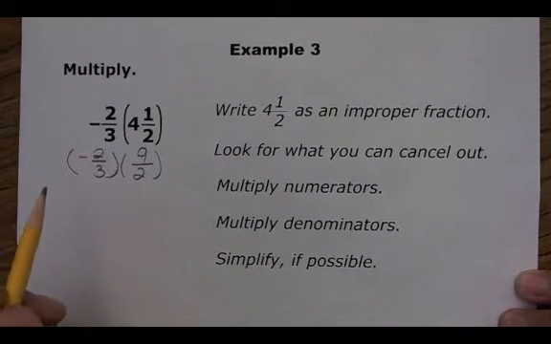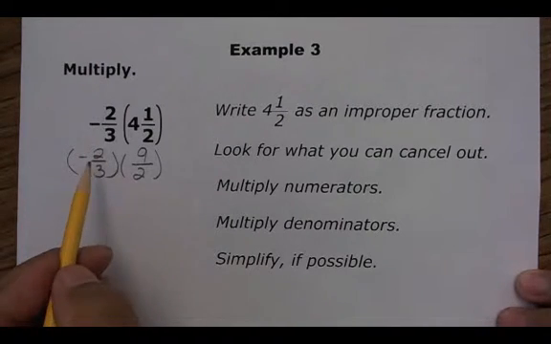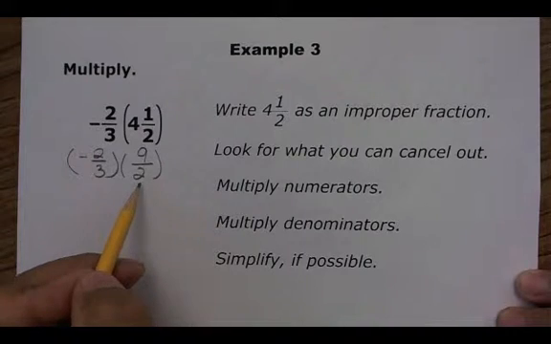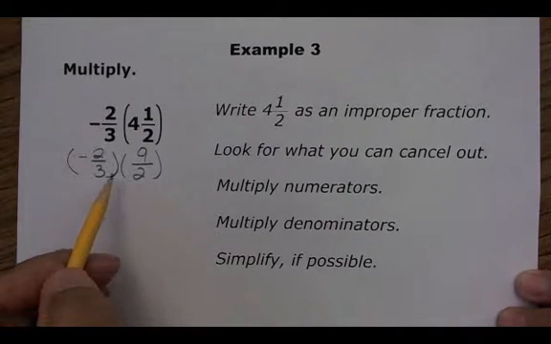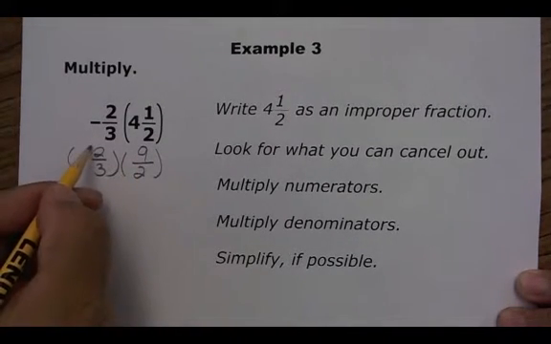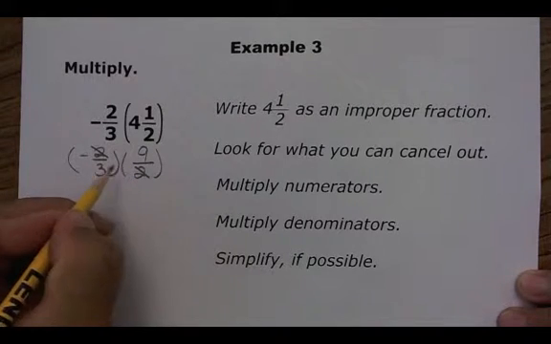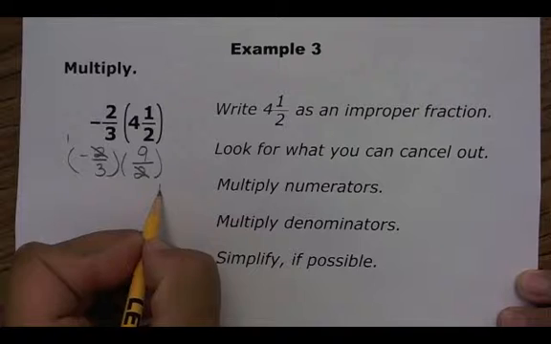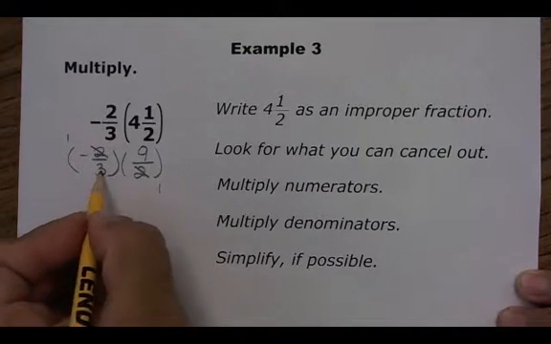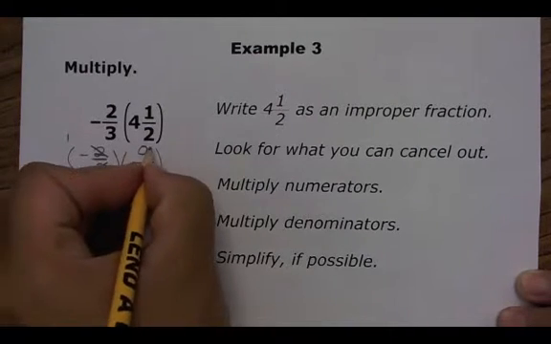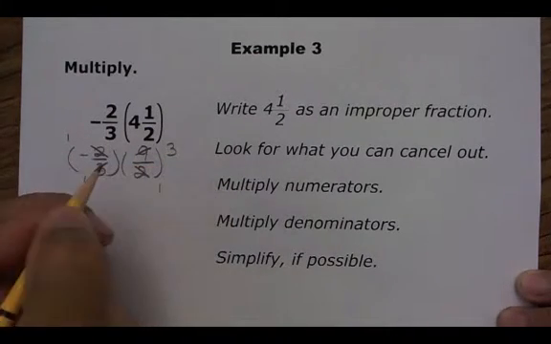All right. I have two different ways I could solve this. I could either multiply the numerators and then the denominators and then try to reduce it, or I can see what will cancel out first before I multiply straight across. And I'm going to do that. I could see a 2 cancels out with a 2 because 2 goes into 2 one time. And then I could see the 3 and the 9 cancel out. 3 goes into 3 once and 3 goes into 9 3 times.